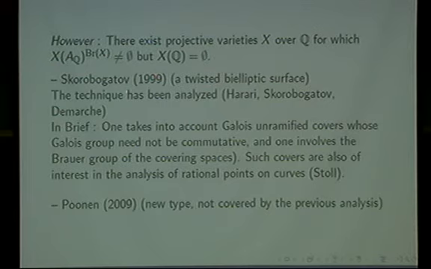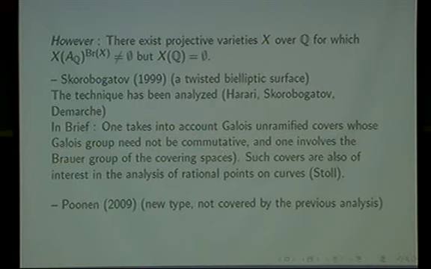So there was a new obstruction which was discovered some 30 years after Manin had defined his obstruction. And the technique has been analyzed by these people. And so, if you want to caricature the difference, it is that we take into account Galois unramified covers of the variety whose Galois group need not be commutative.